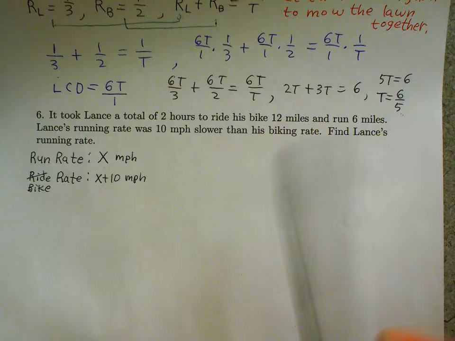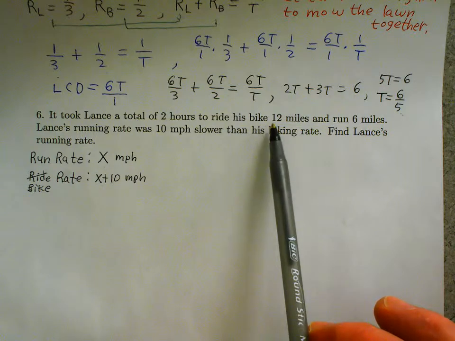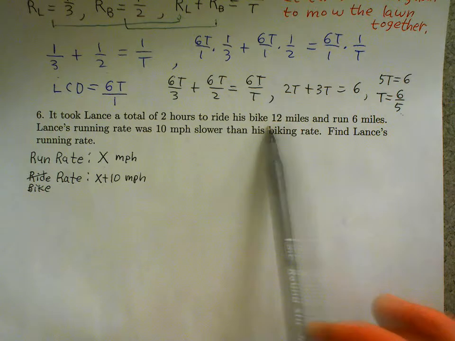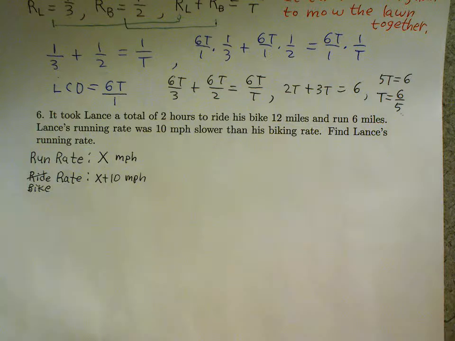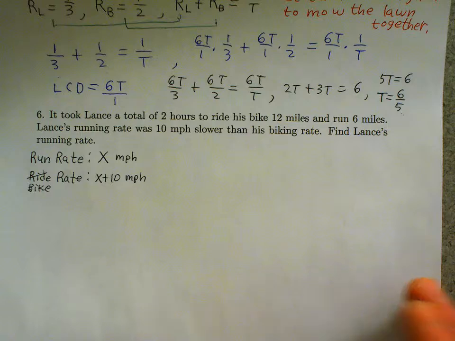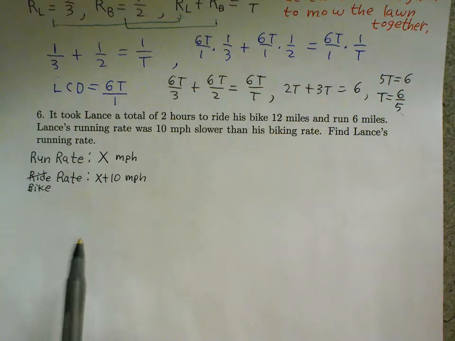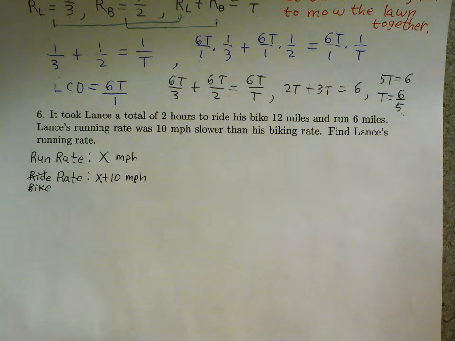We're just told that the total amount of time to bike 12 miles and run 6 miles is 2 hours. So we have to keep that in mind. But at this stage, we're ready to write equations, each having the form rate times time equals distance.